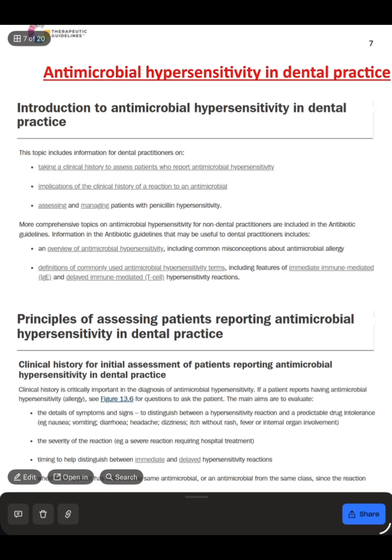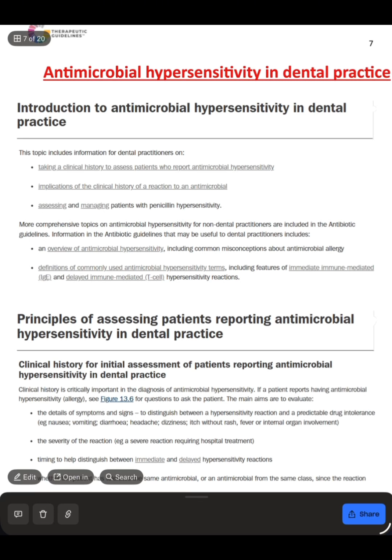It also includes implications of the clinical history of a reaction to an antimicrobial, and it includes assessing and managing patients with penicillin hypersensitivity. More comprehensive topics on antimicrobial hypersensitivity for non-dental practitioners are included in the antibiotic guidelines.